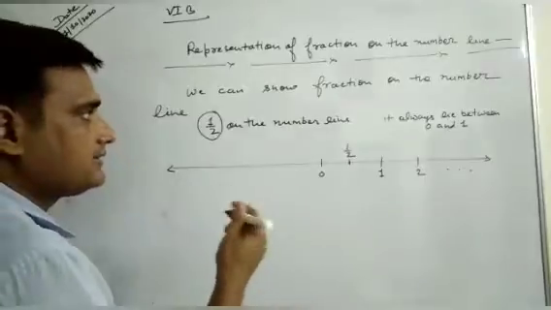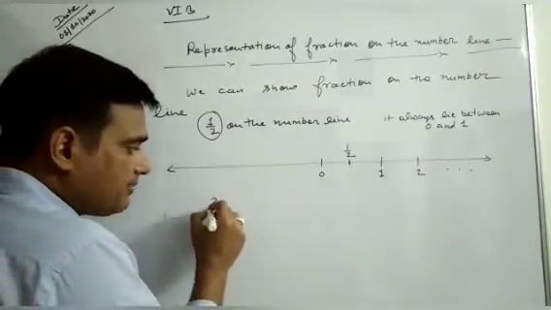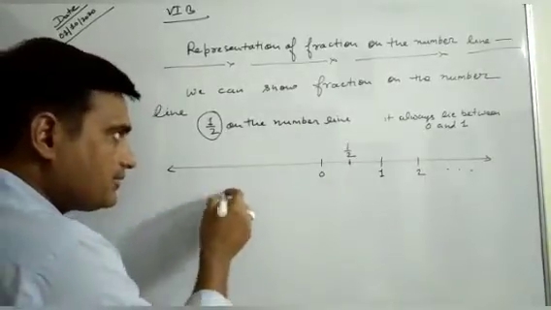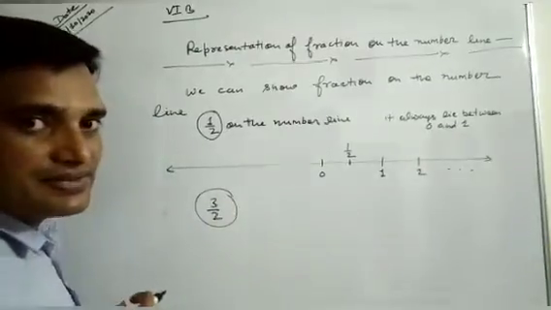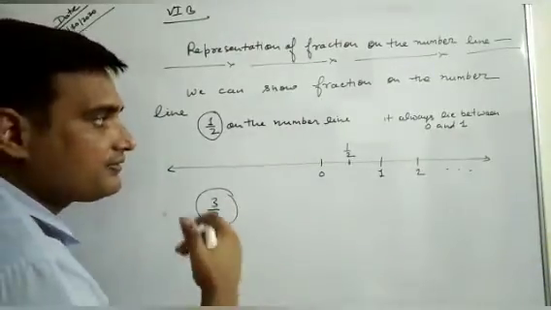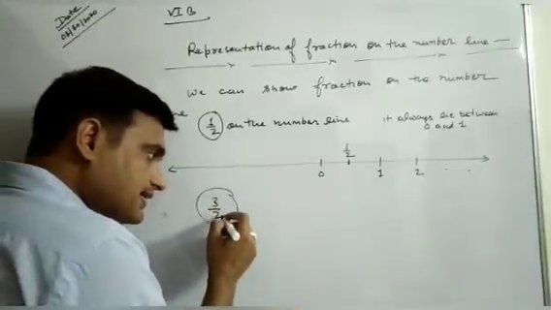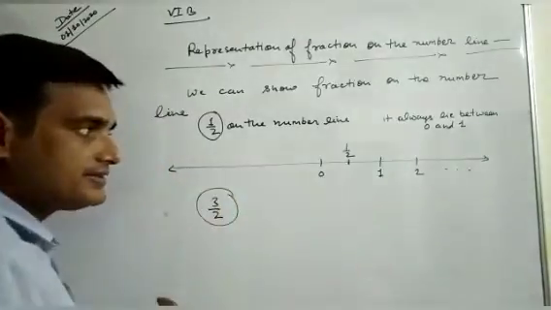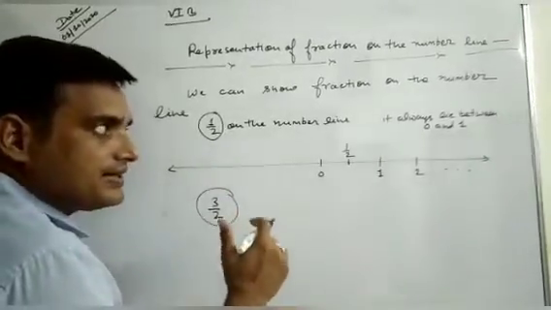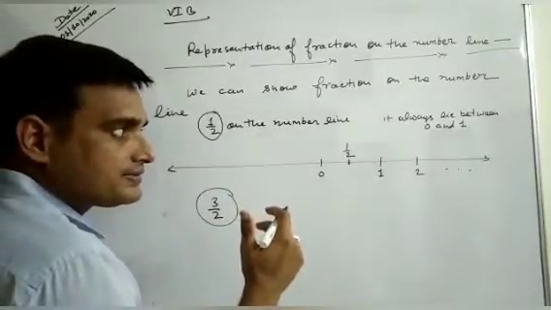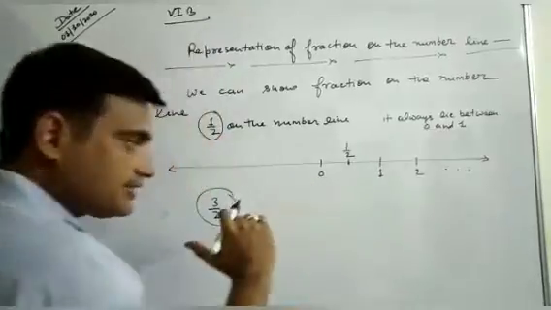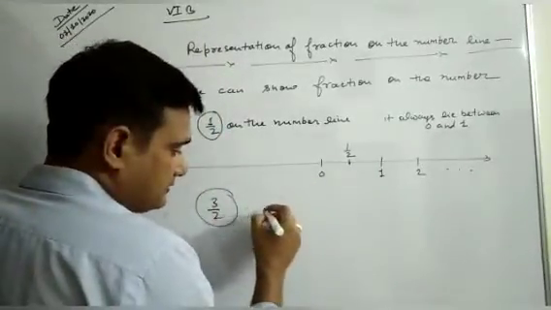Next, we represent 3 by 2. 3 by 2 is an improper fraction because its numerator is greater than its denominator. To represent an improper fraction on the number line, first we convert it into a mixed fraction.